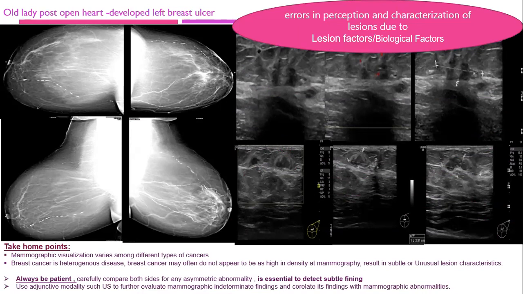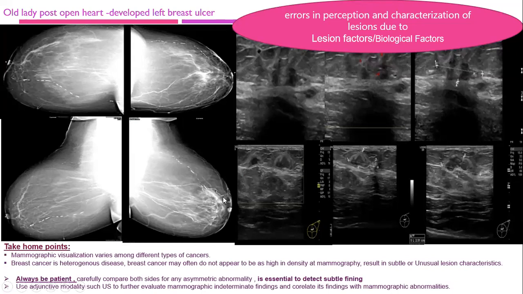It is a heterogeneous disease, and might not appear as very high density on mammography to be appreciated. Even if you go back, you could not appreciate the underlying mass beyond the site of the ulcer. So it is low density. If you see here, there is subtle spiculation, subtle distortion here.